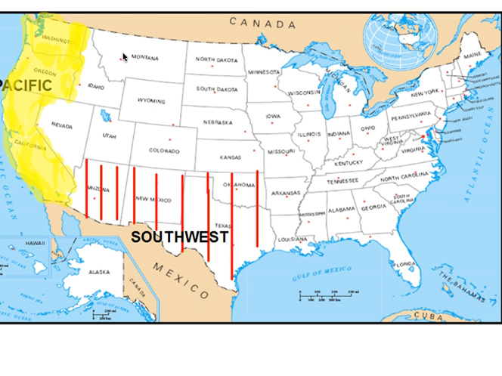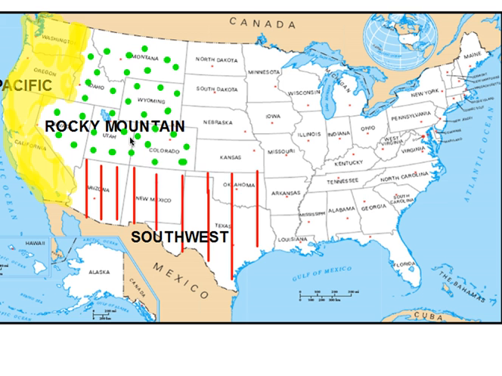The next section we'll talk about then is the Rocky Mountain region. So you have the Pacific here, Southwest here, and now the Rocky Mountain region. It consists of these 6 states here: Utah, Nevada, Colorado, Wyoming, Idaho, and Montana.